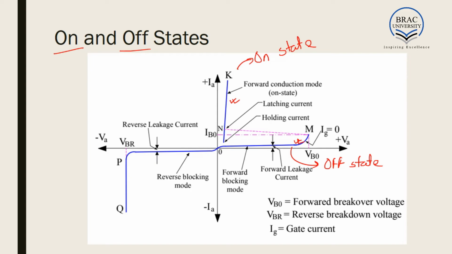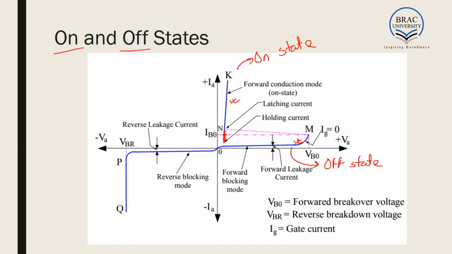When the breakover happens and the current is somewhere between the breakover current and the latching current, or somewhere between the breakover current and the holding current, the SCR will be on, but the operation will be unlatched. In this case, the current will follow this curve as long as it does not go below the holding current.